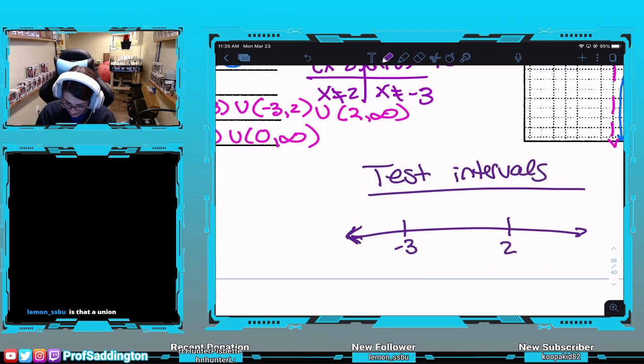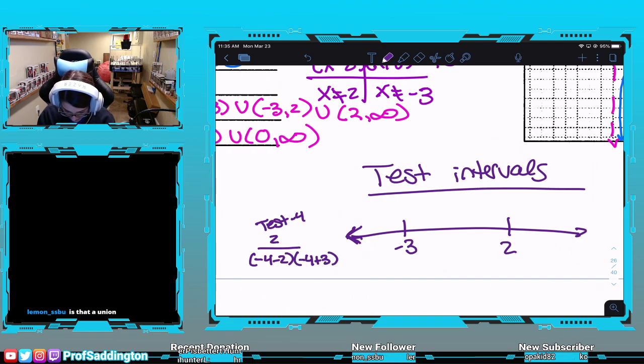So I'm not going to pick exactly negative 3 because we know it's already going to be undefined there. So let's pick negative 4, go crazy, right? And I'm using that original f of x up top. So let's see, we're going to test negative 4. So we're going to have 2 over negative 4 minus 2, negative 4 plus 3.